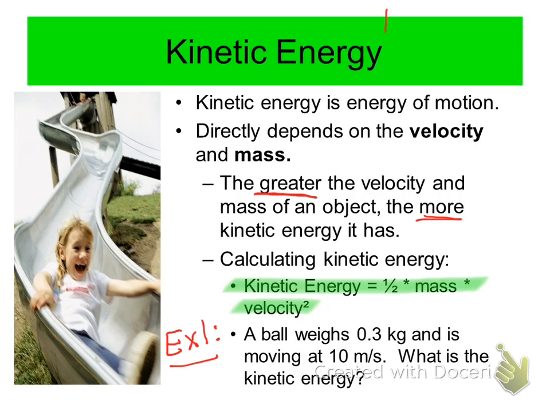So let's write our formula. Kinetic energy equals half times mass times velocity squared. That's the original formula that we're using. So kinetic energy equals half times mass times velocity squared.